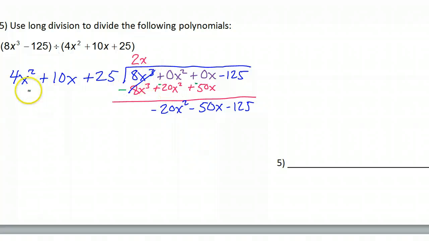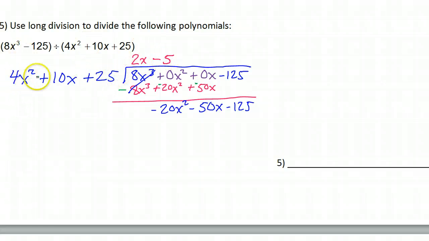Alright, so once again I ask myself, 4x squared times what will give me negative 20x squared? Well, 4 times negative 5 will give me negative 20. And then I already have the x squared, so I don't need anything else. So 4x squared times negative 5 will give me negative 20x squared. Now I'll take my negative 5 and do the distributive property.